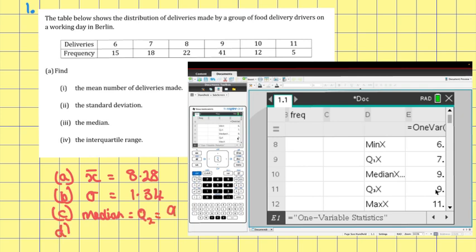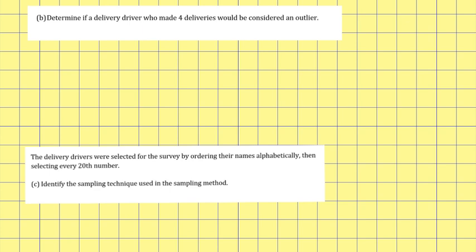And D, the interquartile range, which is equal to Q3 minus Q1, which is equal to 9 minus 7, which is equal to 2.